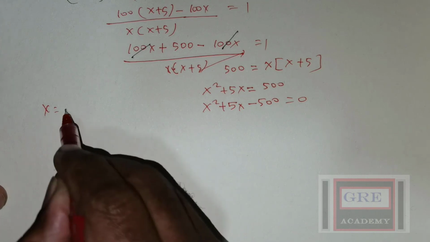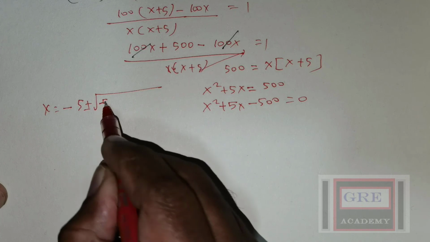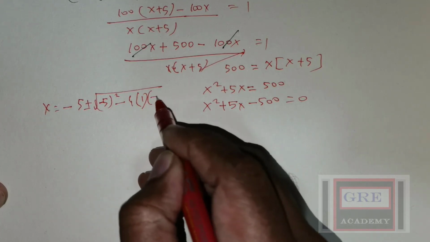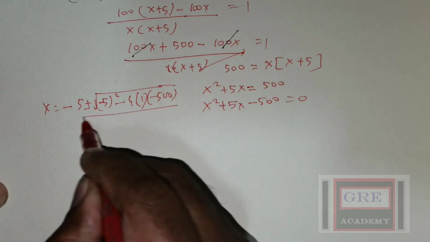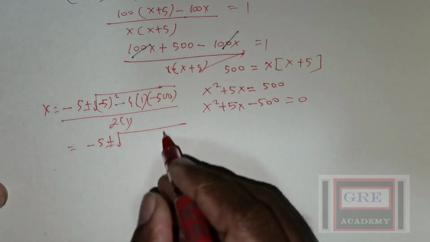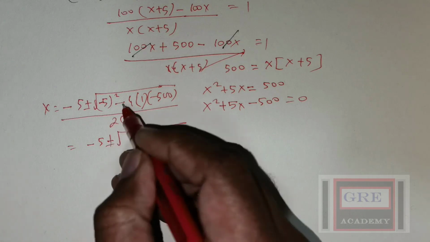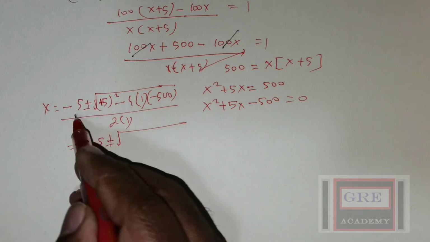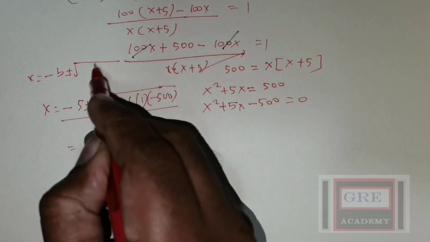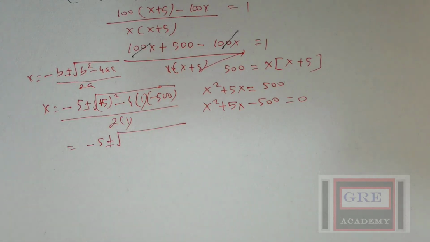Now using the quadratic formula, this is going to be negative 5 plus or minus root of negative 5 squared minus 4 times a times c, which is negative 500, divided by 2 times a. So this is b squared. You don't need to place a negative sign there. The formula is actually x is equal to negative b plus or minus root of b squared minus 4ac divided by 2a.